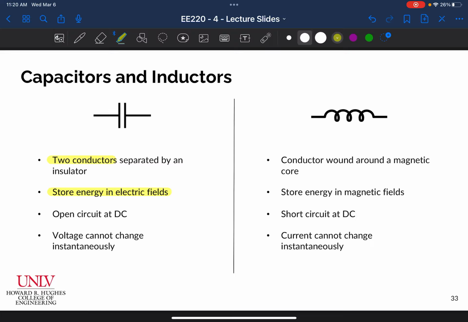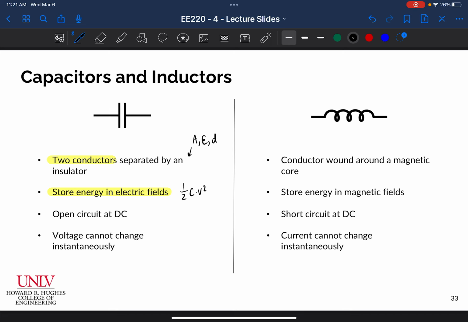When the capacitor has voltage across it, it's storing energy, 1/2 CV squared. We also learned that the capacitance itself depends on the area of the plates, the permittivity of the dielectric, and the distance between the plates.